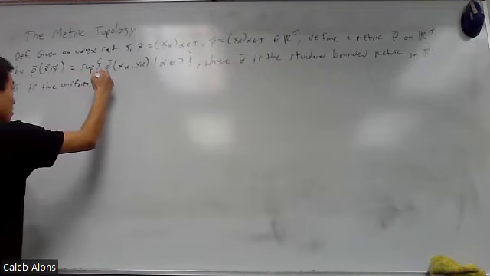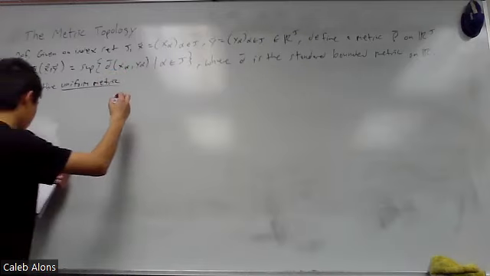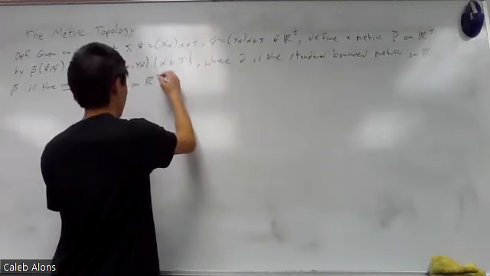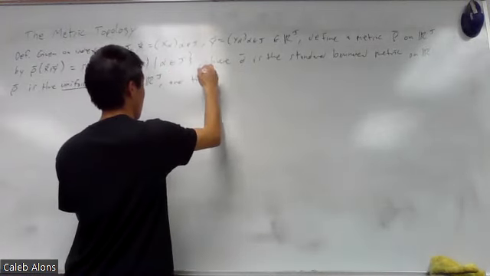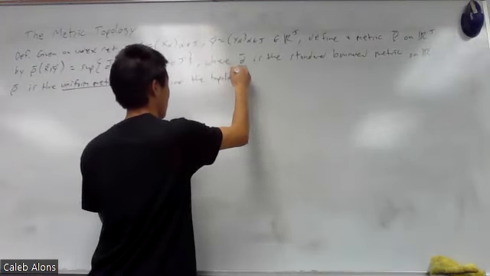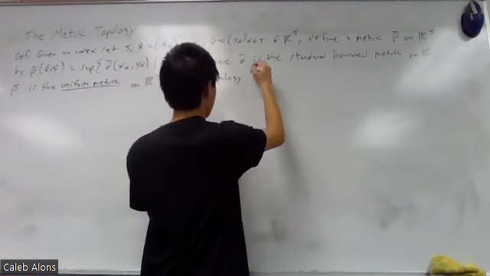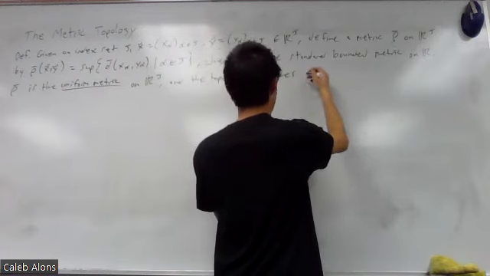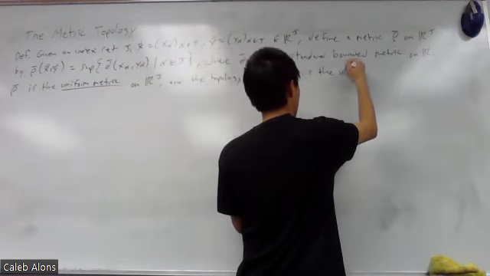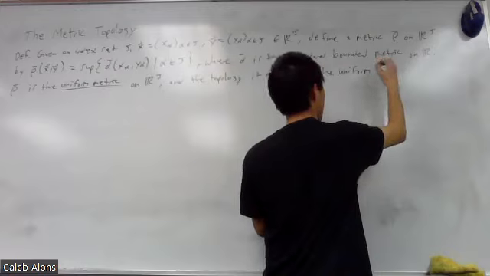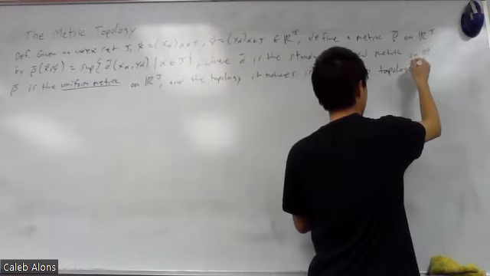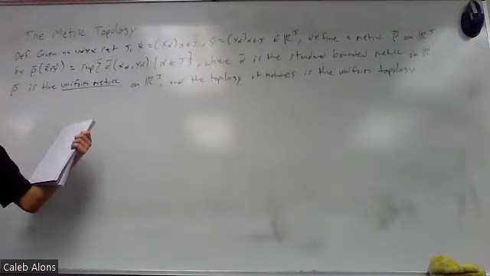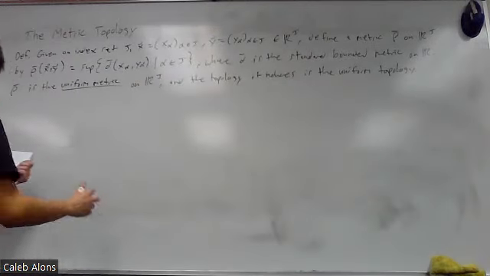Uniform metric on R^J. And the topology it induces is the uniform topology. And since this is arbitrary to any J, this does allow for infinite sizes.